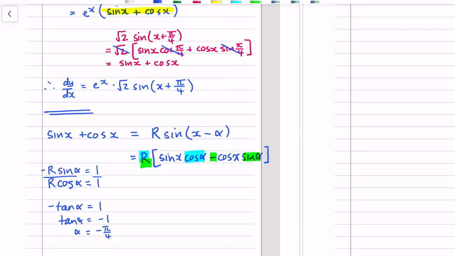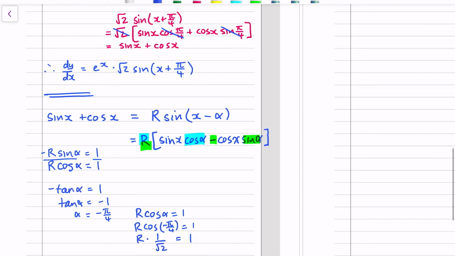And then if I sub that alpha value back into one of the equations I had, well, let's go with r cos alpha equals 1. So if I sub in alpha as minus pi over 4 into that, cos of minus pi over 4, making sure I'm in radians on my calculator, is 1 over root 2. So r must equal root 2.